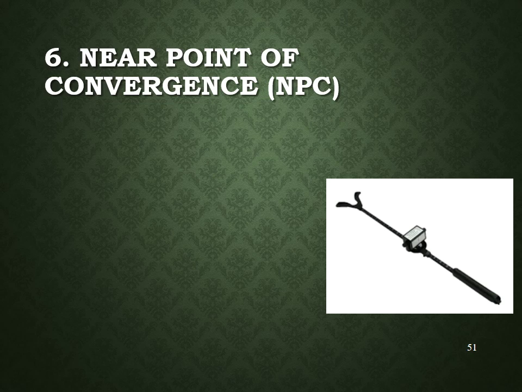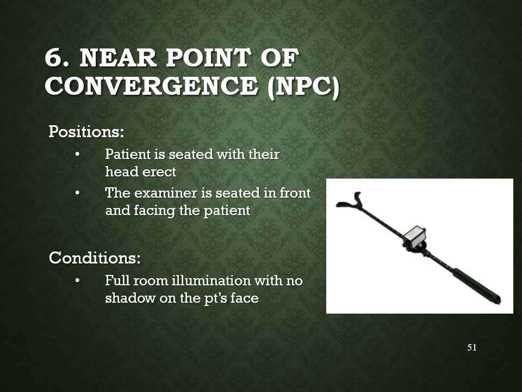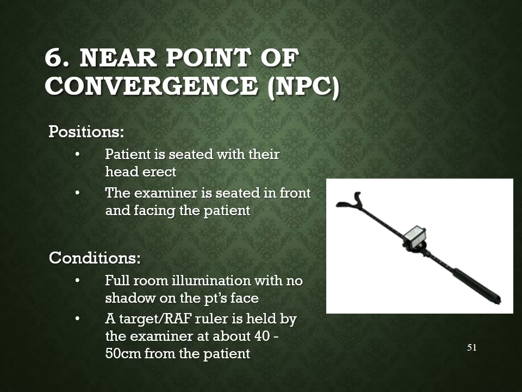The same as with the amplitude of accommodation, we also use the RAF rule to measure the near point of convergence, and the position and the condition of the room are the same as the accommodation test: the patient is seated with their head erect and the examiner is seated in front and facing the patient. Full room illumination with no shadow on the patient's face, and a target RAF rule is held by the examiner at about 40 to 50 cm from the patient.